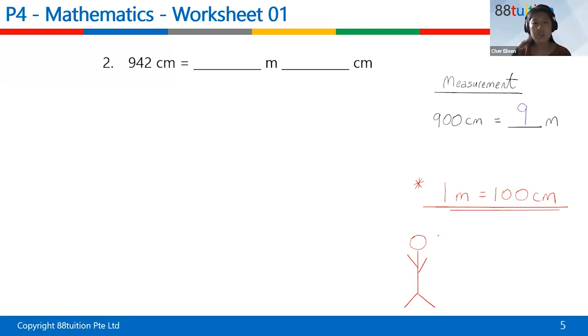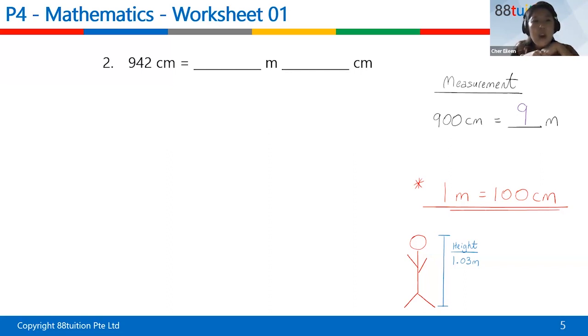Very, very rare. So this is about 1 meter height, 1.03 meter height. So must remember, 1 meter is the same as 100 cm. You have to add 2 zeros behind.